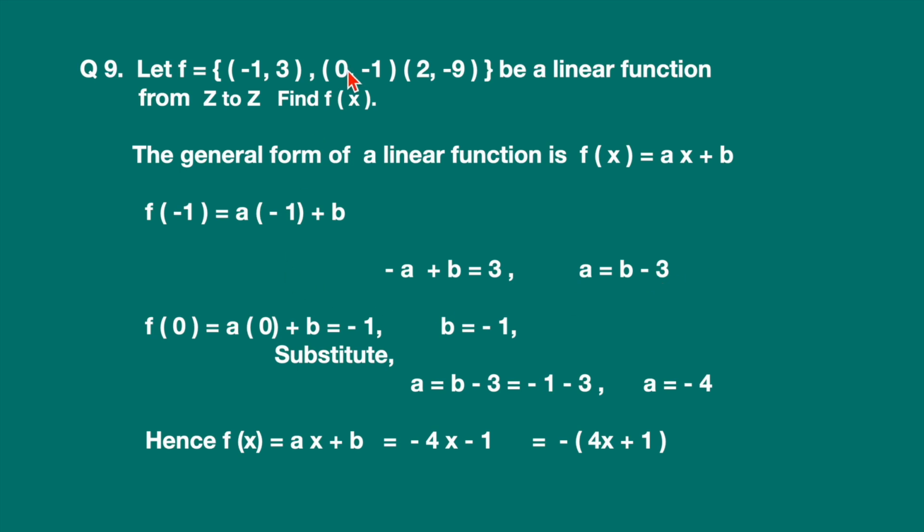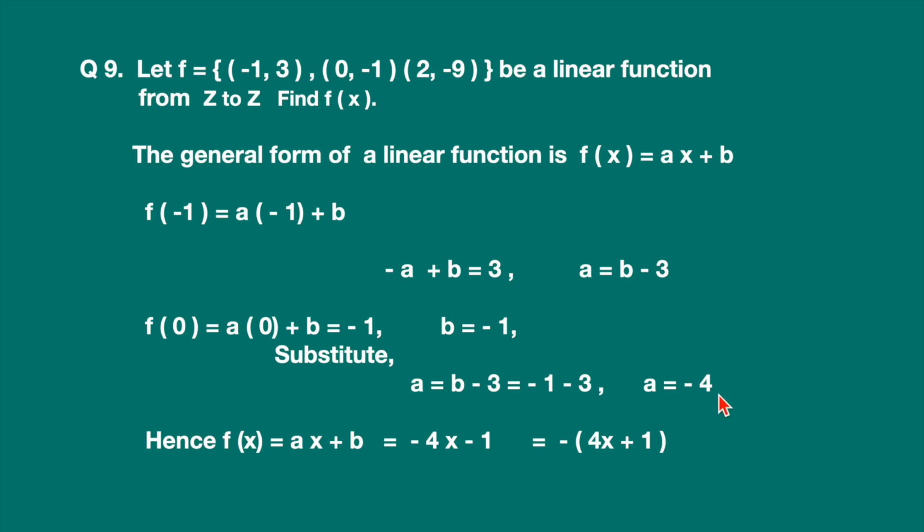Similarly, substitute this as x and this as f(x). So here x is 0, this is equal to minus 1. So here b is equal to minus 1. A into 0 is 0. b is equal to minus 1. You got the value of b. Substitute here. So a is equal to minus 1 minus 3. That is equal to minus 4.